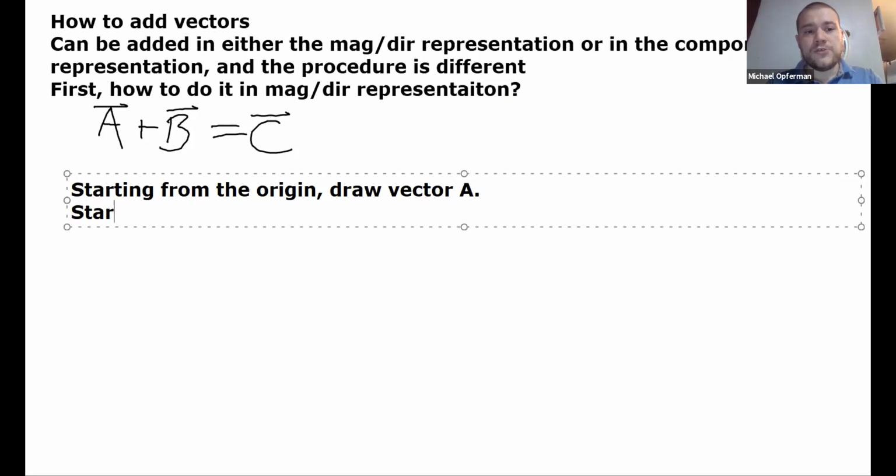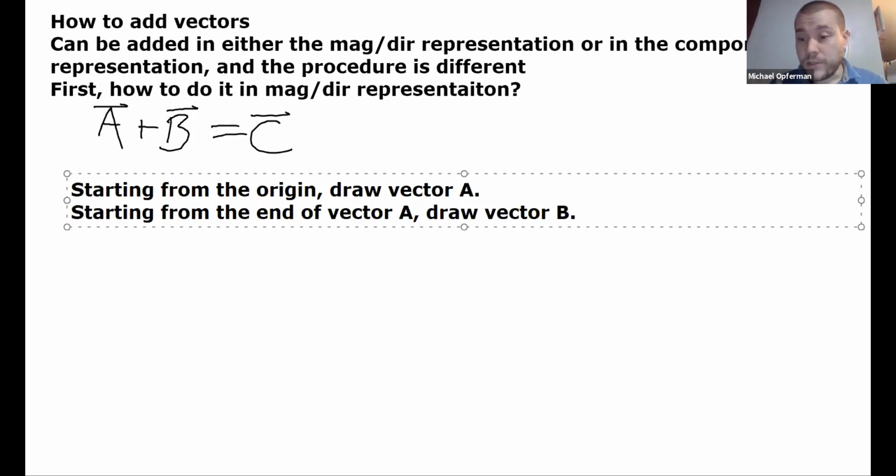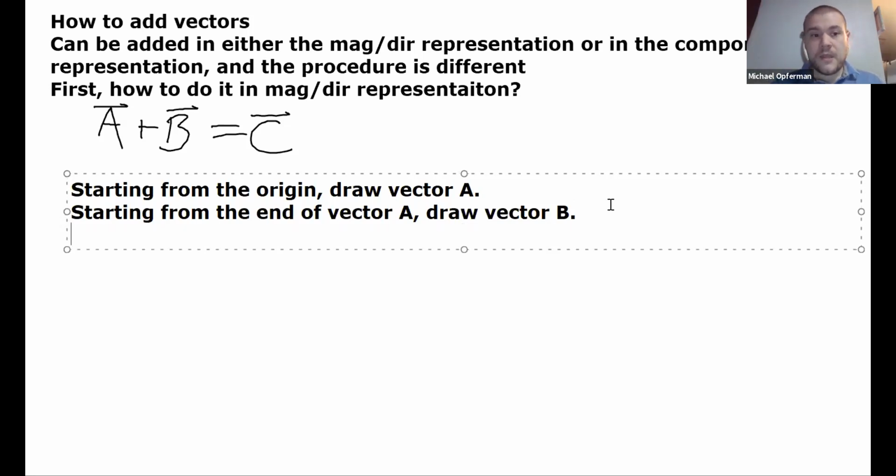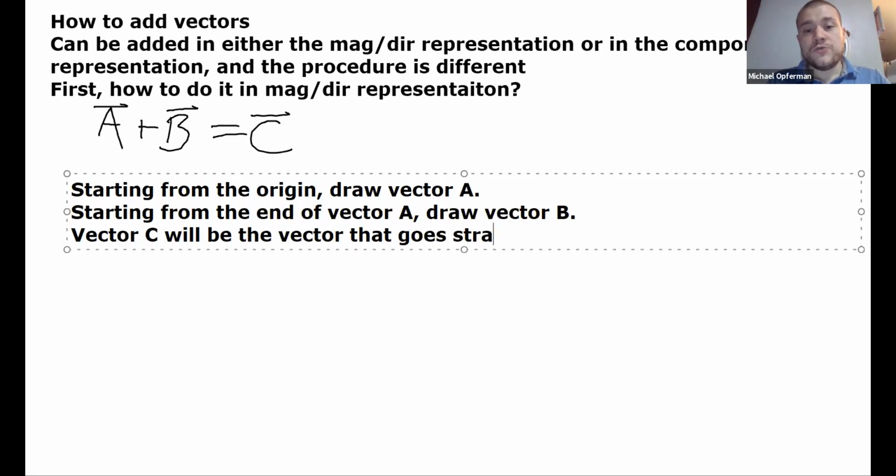Now, here's the trick. Starting from the end of vector A, draw vector B. Not starting from the origin, but starting from the end of vector A, you draw vector B coming out of the end of A. So then it turns out vector C will be the vector that goes straight from the origin to the end of B in one step.